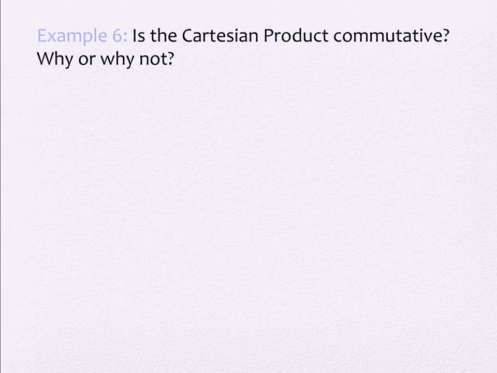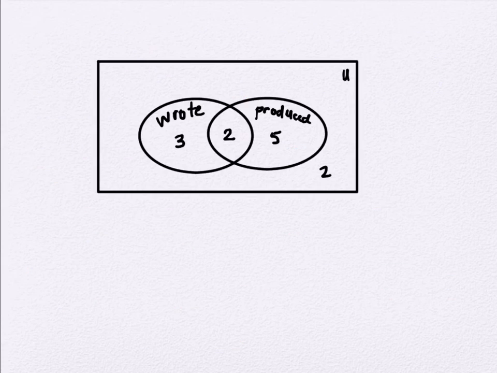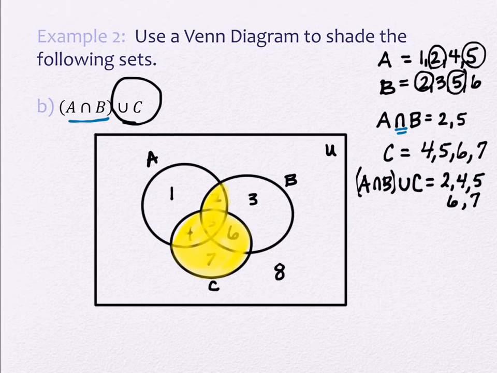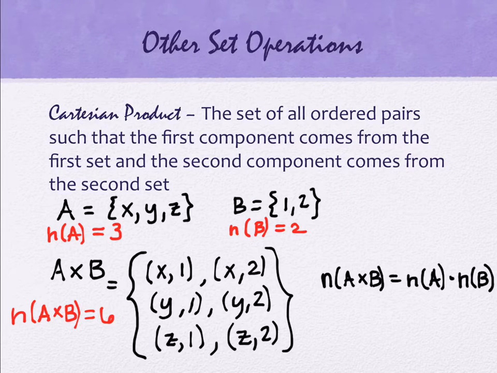Why or why not? When we did this last time, we created set A and set B. And we listed A cross B, and these are the items we got: X1, X2, Y1, Y2, and so forth.